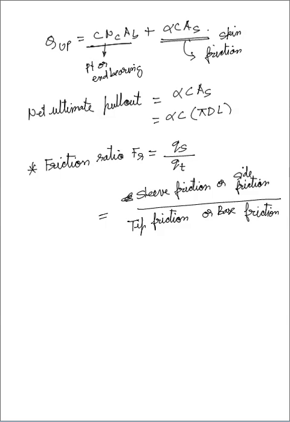Remember this thing. Friction ratio is the ratio of sleeve friction to tip friction. Sleeve friction is also called side friction and tip friction is also called base friction.